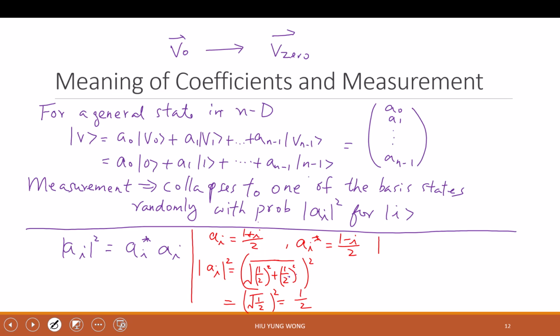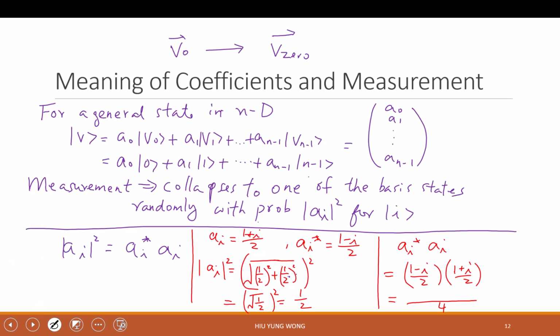Now another method is I just use Ai star times Ai, right? You know they are the same, but we just practice. Ai star is 1 minus i divided by 2, and Ai is 1 plus i divided by 2. So the denominator is 4. The top, you should know that A minus B times A plus B equals what?